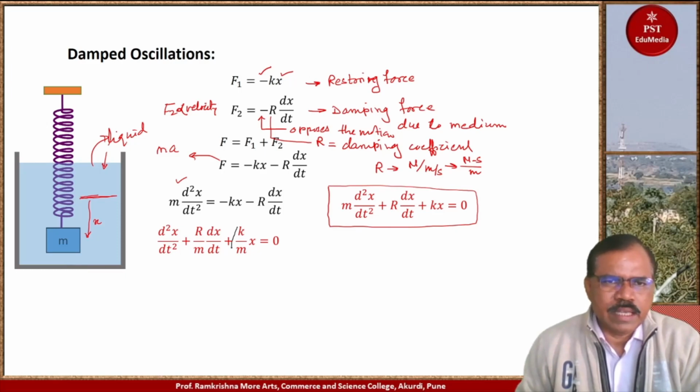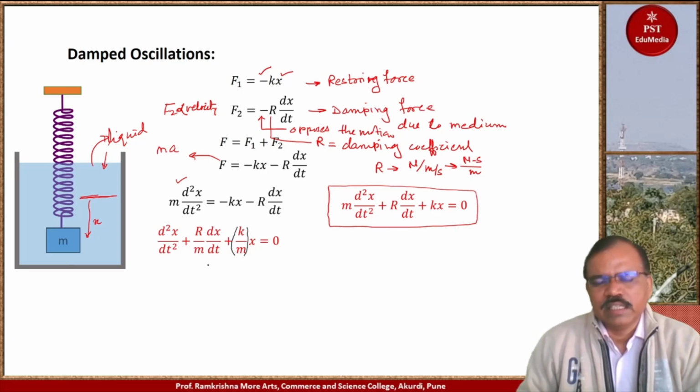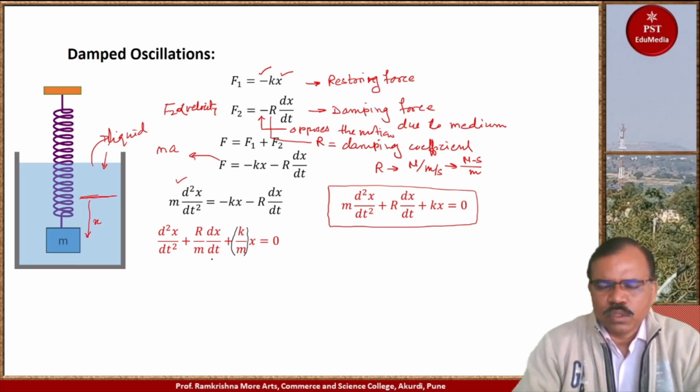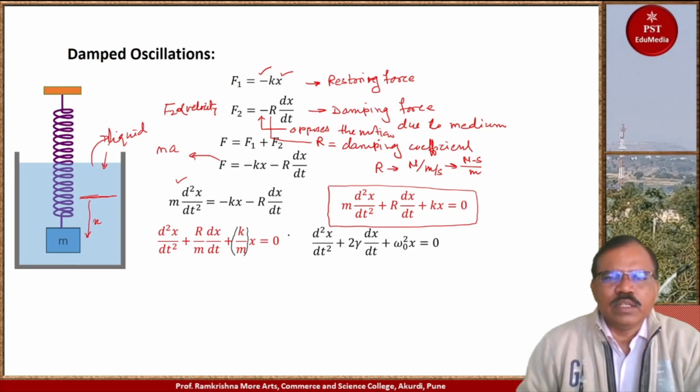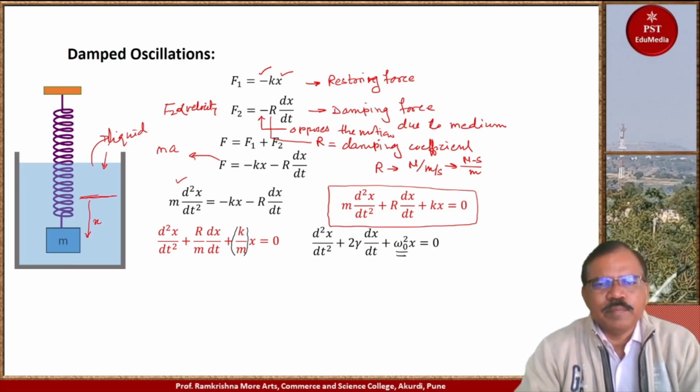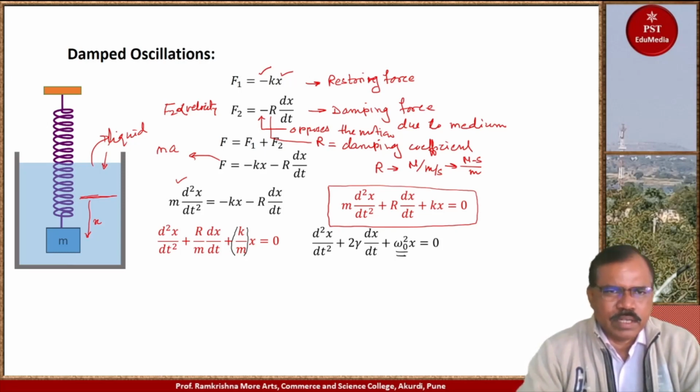Now see here, k is the force constant of the spring, m is the mass of the oscillator, that is constant. So I can write d2x by dt square plus 2 gamma dx by dt plus omega 0 square x equals 0, where omega 0 square is k by m and 2 gamma is equal to r upon m.